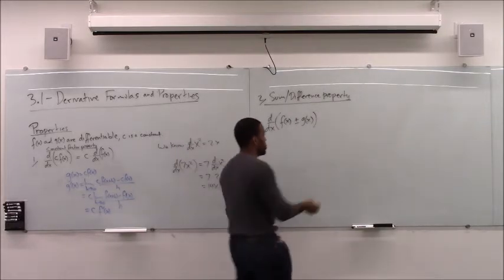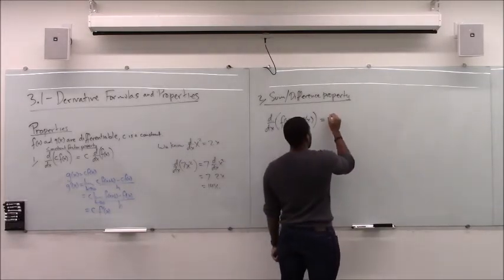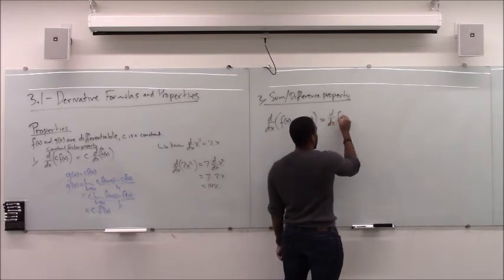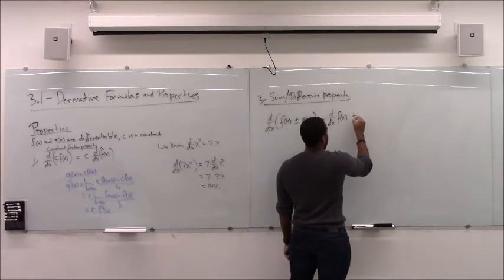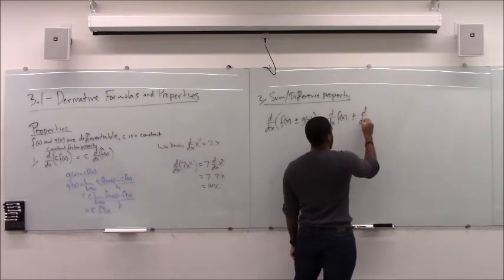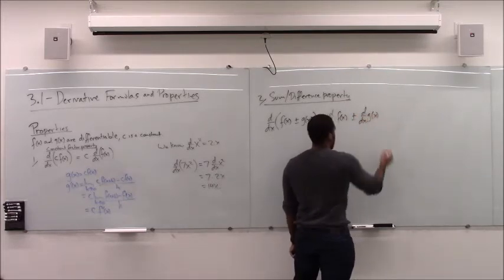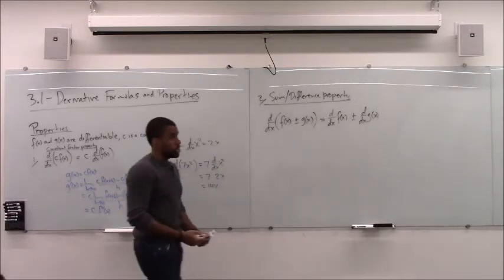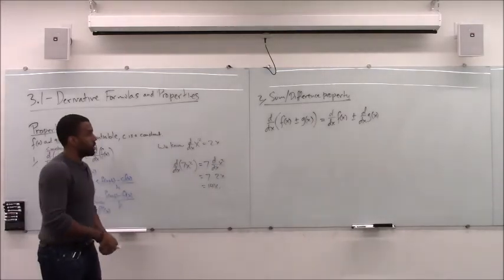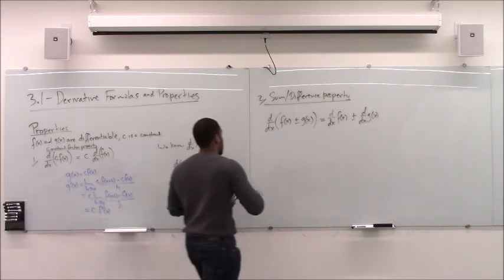It turns out that derivatives distribute across sums. So all I have to do is find the derivative of f, and then add that to the derivative of g. Derivatives distribute across sums. That's pretty nice.